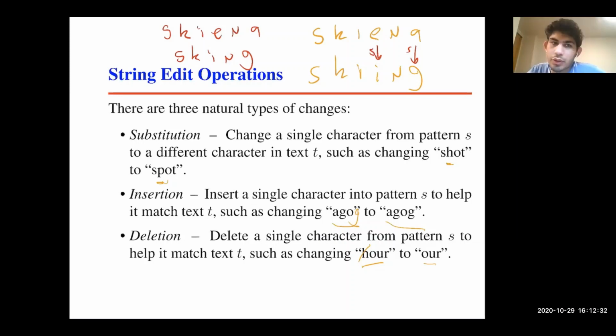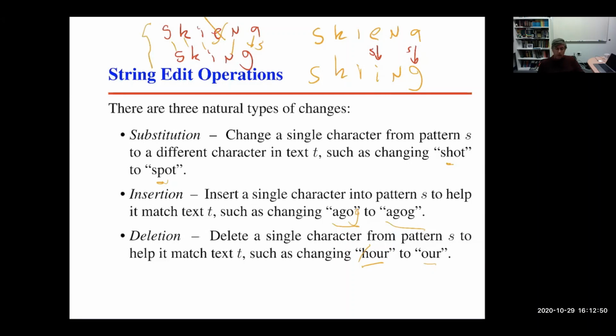Substitution of G for A and then deletion of E. So you would say match, match, match, delete, match, substitute. So the edit distance problem is to find the cheapest sequence of changes to convert one string into another. Any questions?